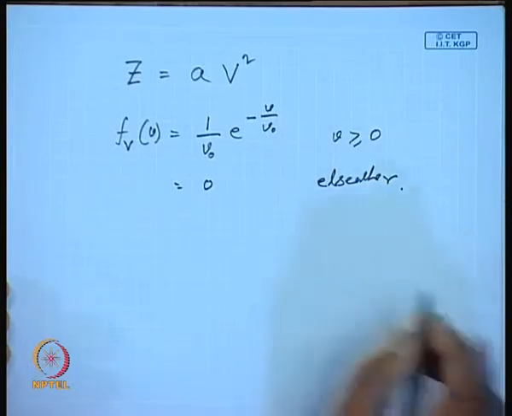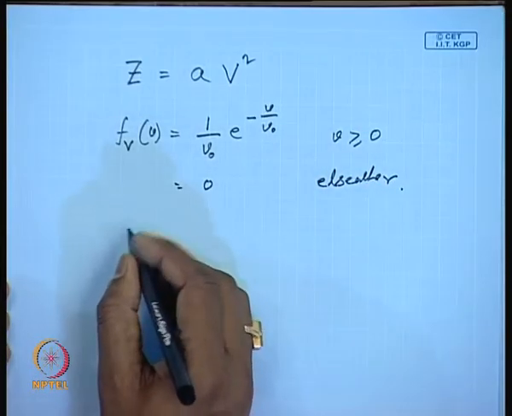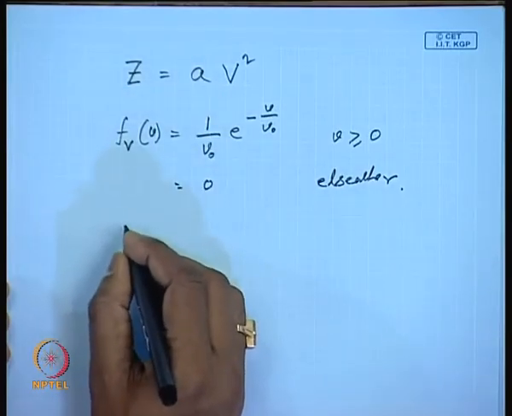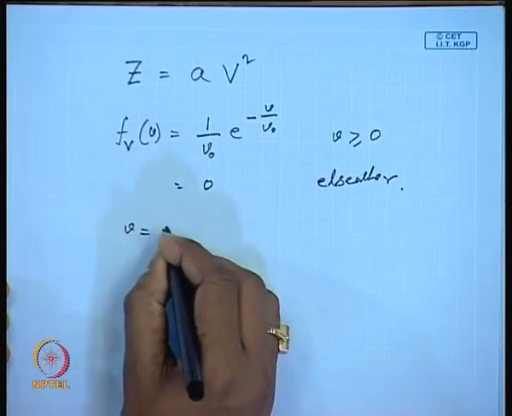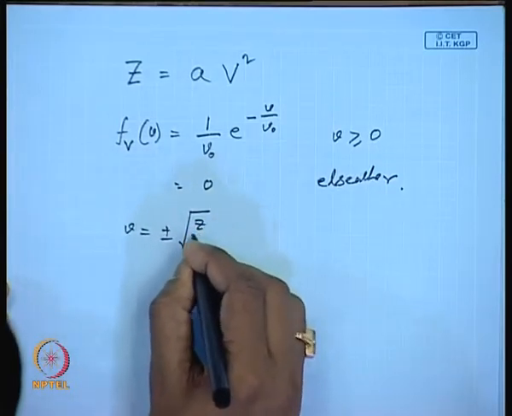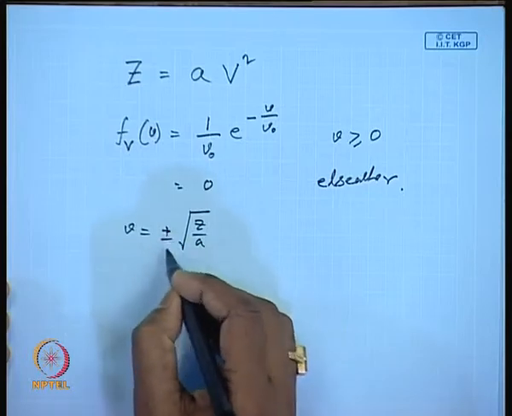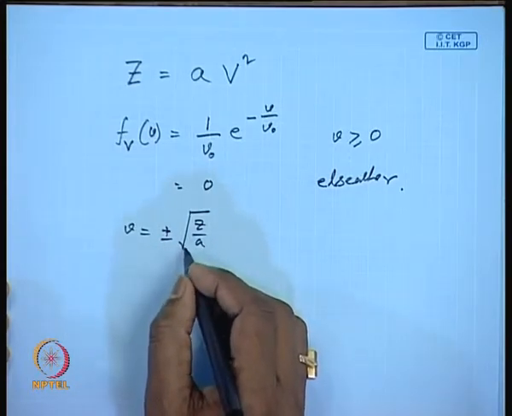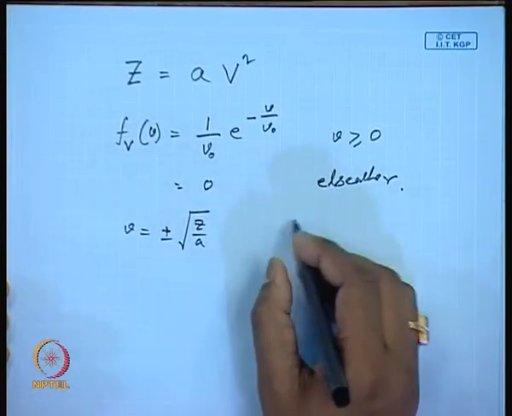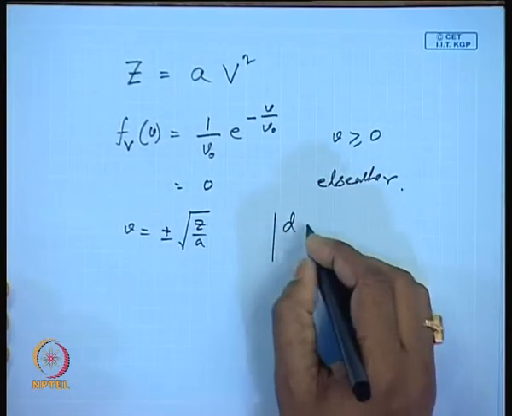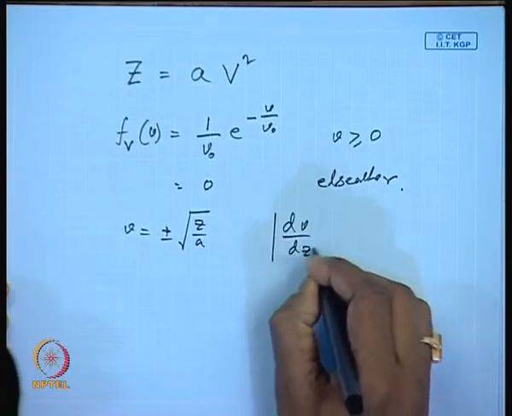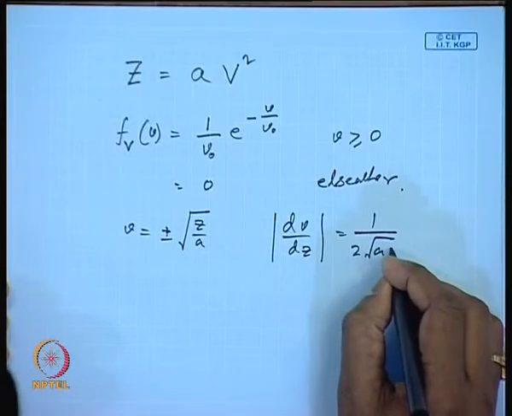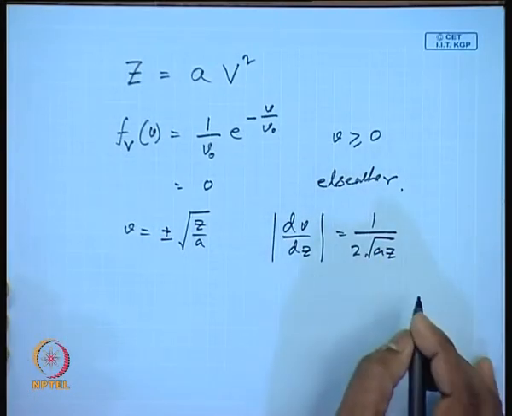So here also we can get, similar to the last class problem, that v is equal to plus minus square root of z by a. Obviously the negative root is not a valid case, and the modulus of dv by dz will be equal to 1 by 2 square root of a z.